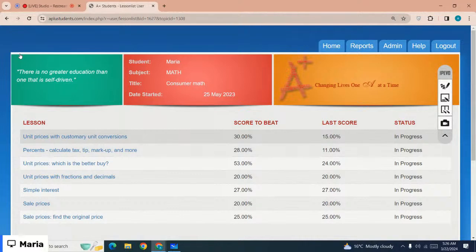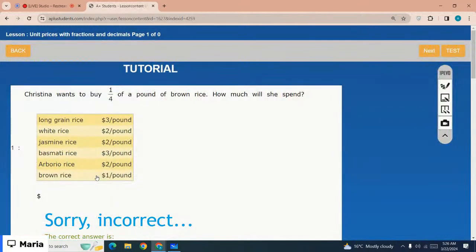And the next lesson is unit prices with fractions and decimals. So let's just start with the next lesson. Christina wants to buy 1/4 of a pound of brown rice. How much will she spend? So she wants to buy 1/4 of a pound.